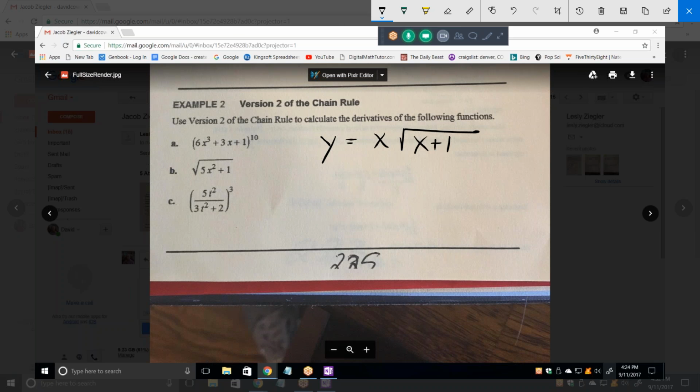Notice I cannot combine those. That's as much as I can simplify it. I cannot multiply x times the square root of x plus 1. I can't rewrite it. Let's rewrite it without the radical sign. So it would be x and then in parentheses x plus 1 to the half power.